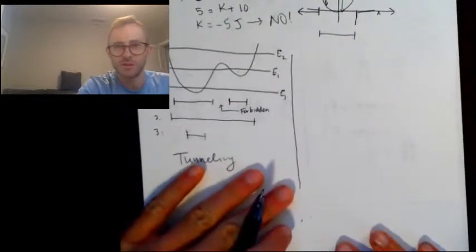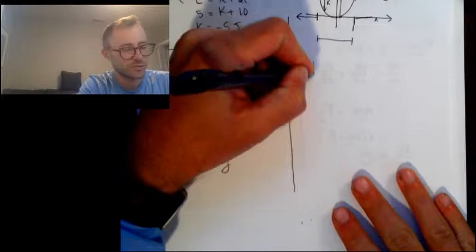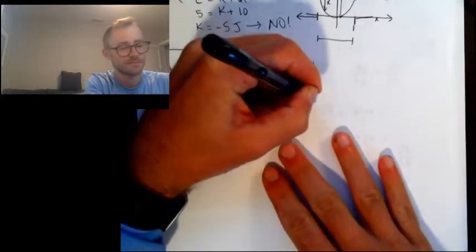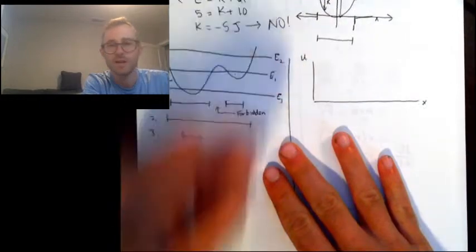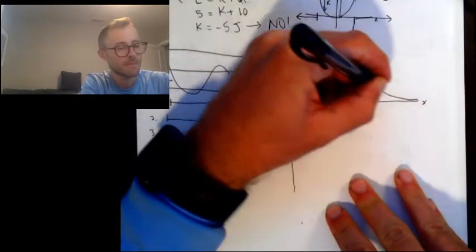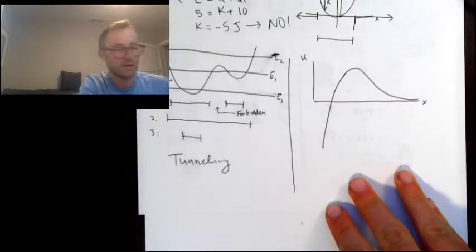The other thing I want to talk about is I want to draw a special U of x graph. It looks like this. Like that, and it just keeps going.